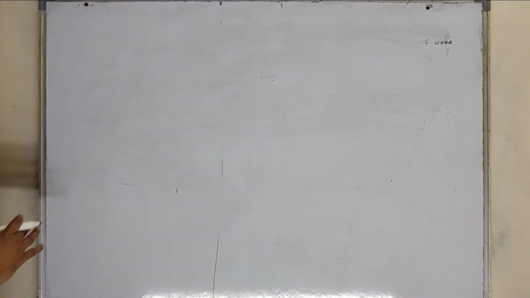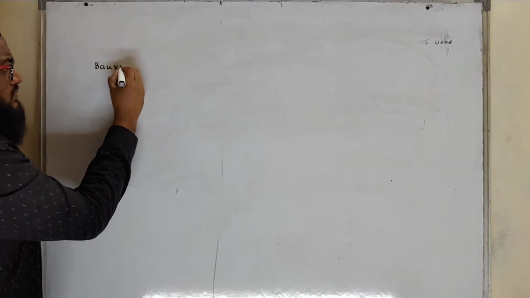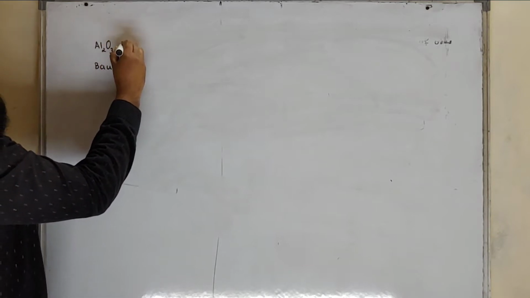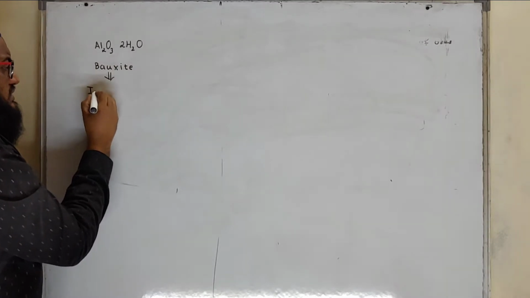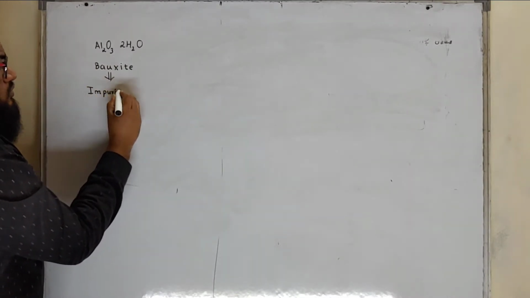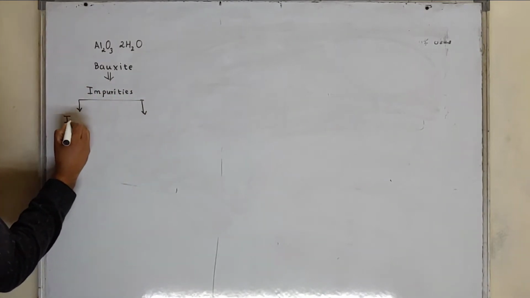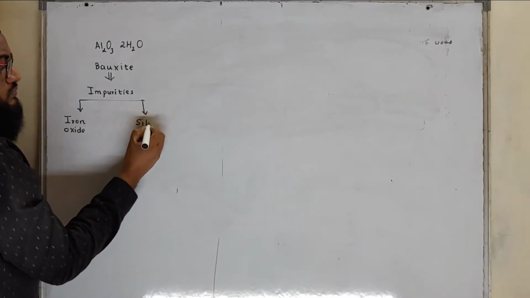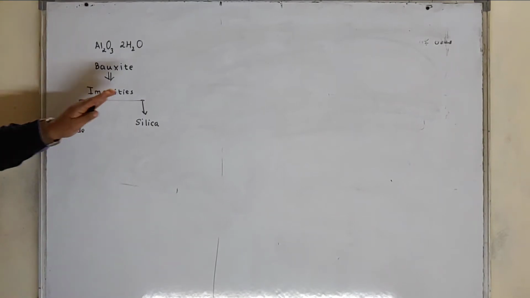In the method of concentration of ore, what is the main requirement? We need to remove the impurities. Now bauxite is nothing but Al2O3·2H2O. It contains impurities like iron oxide and silica.